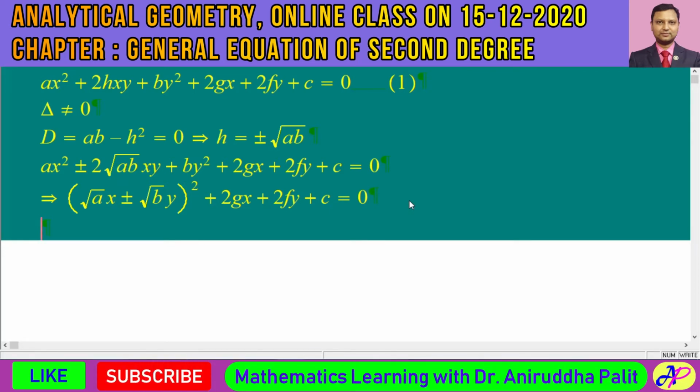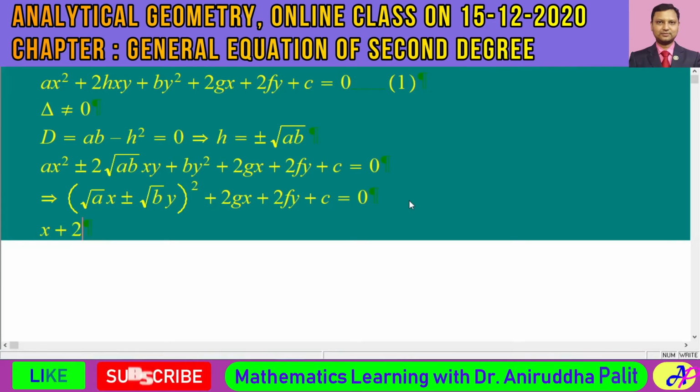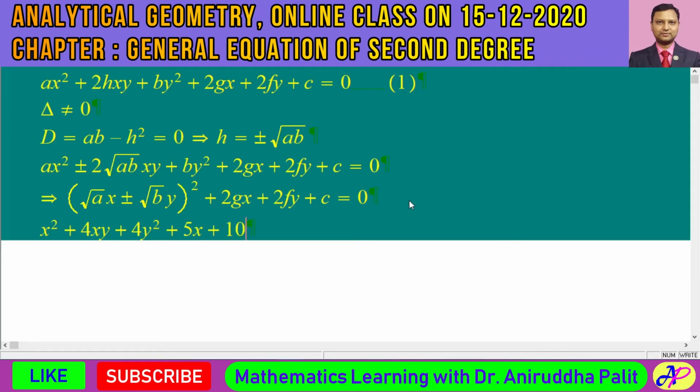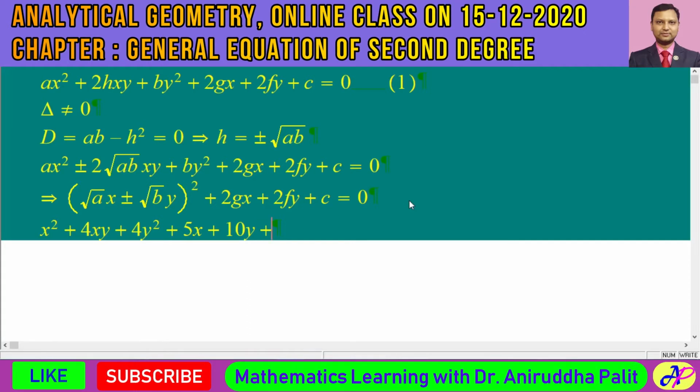Suppose x square plus 4xy plus 4y square plus 5x plus 10y plus maybe 15 is equal to 0. Now consider this expression.